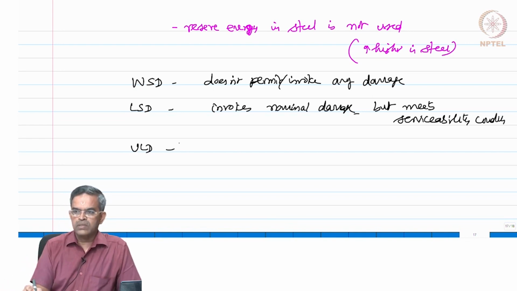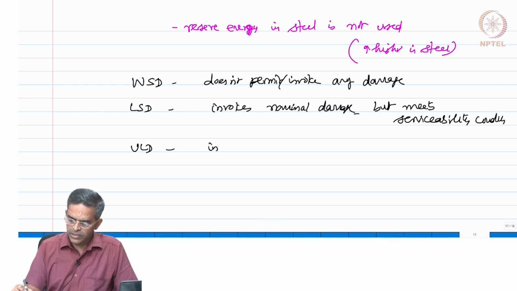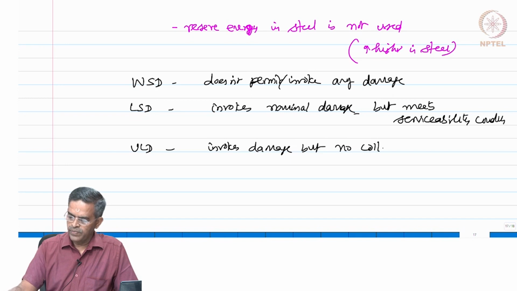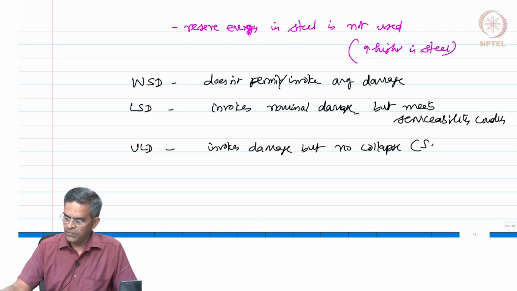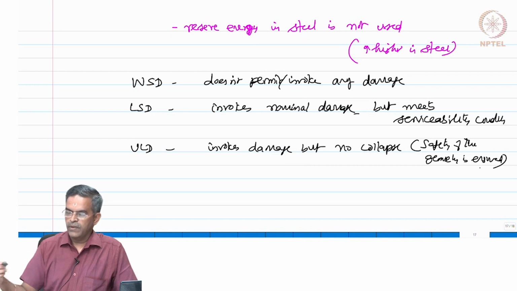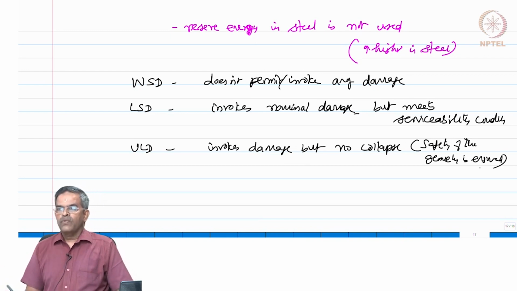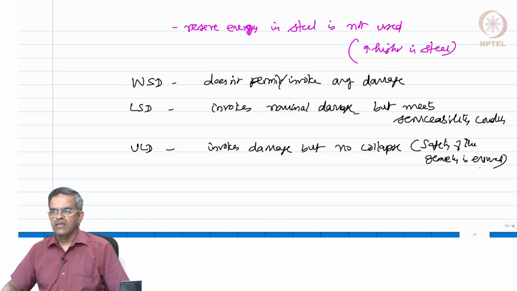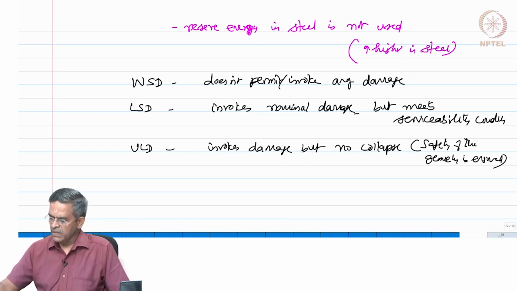The ultimate load design invokes damage, but no collapse. So, safety of the geometry is ensured. So, if you look at the reserve energy possessed by structural steel, it is very amazing. Let us see this.